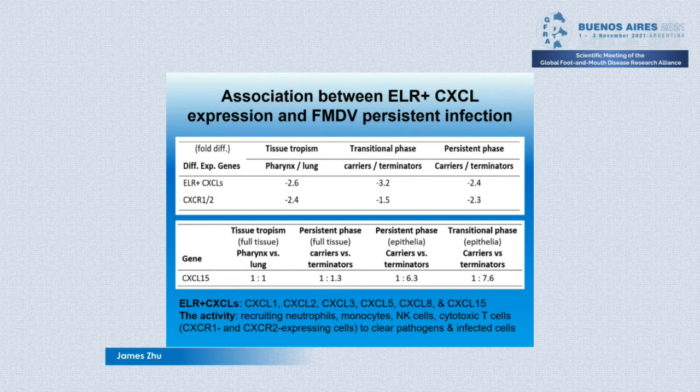The function of these chemokines is to recruit immune cells to clear pathogen in infected tissue. Among these chemokines, CXCL15 was differentially expressed between carrier and not carrier in the micro-dissected epithelia.